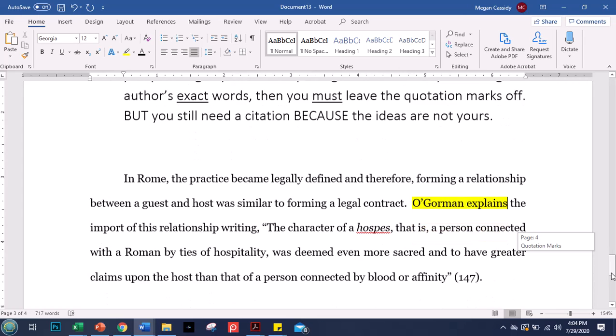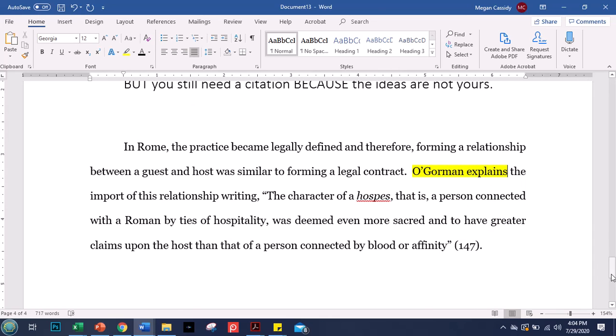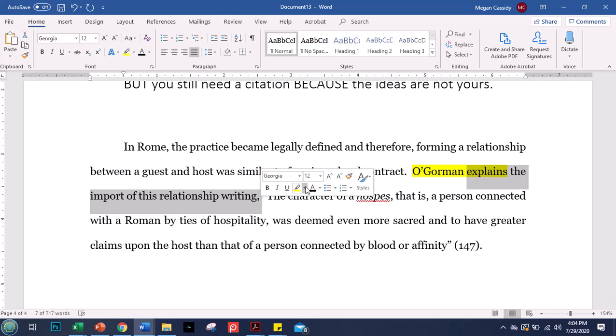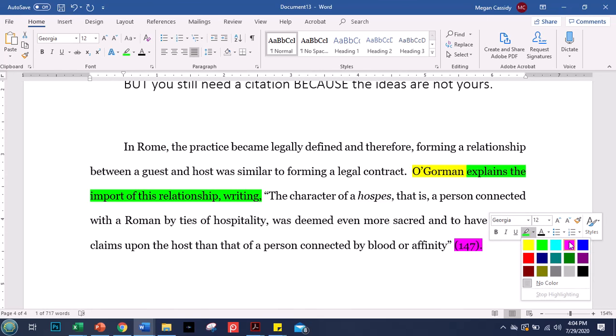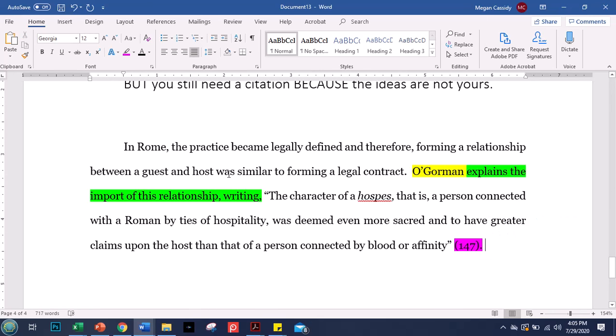Here, I really just want a speech tag and then a tiny bit of context, which I'll put in green. O'Gorman explains the import, meaning the importance, of this relationship. There should be a comma there. Writing, quote, the character, blah, blah, blah. Okay, and then I have another citation here in pink to show where I found that information.